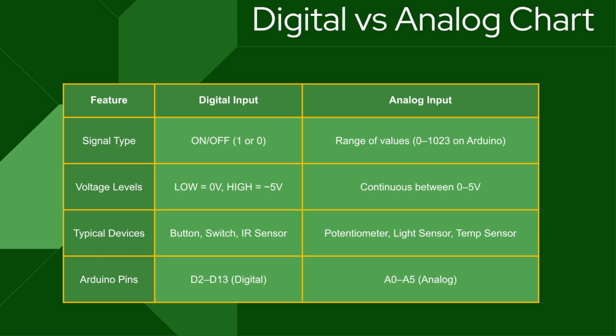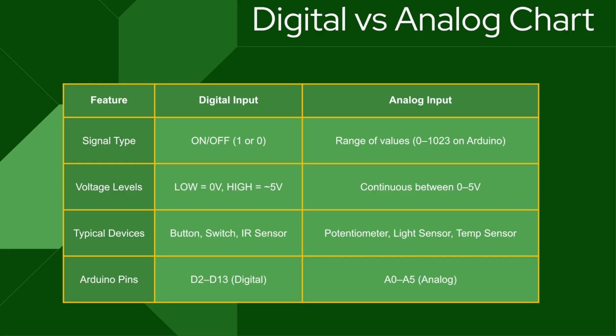Here's a quick chart that I made explaining the logic behind it. A digital input is just simple logic. Like I said, on or off, 1 or 0, low or high, is a button pressed or not, true, false. Really, really simple. Analog is going to be a variety of numbers.